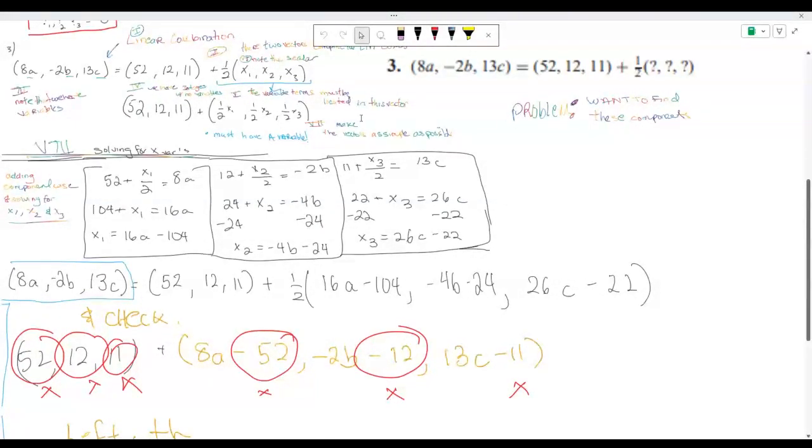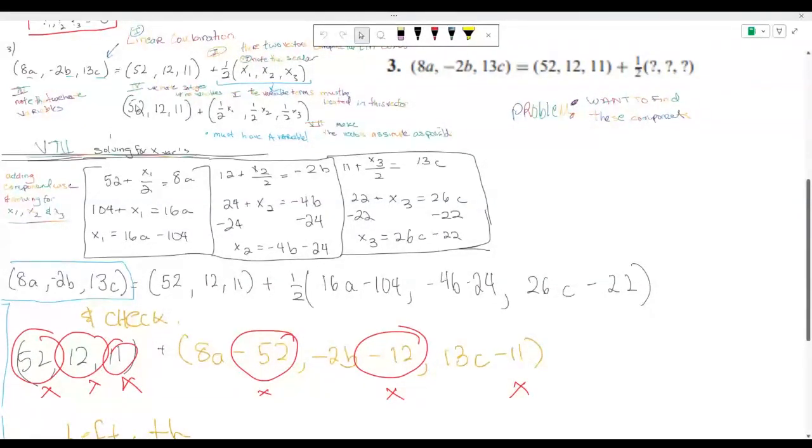So first you want to just notice that we have a linear combination of this vector, and it's made up of these two vectors on the right-hand side of the equation.